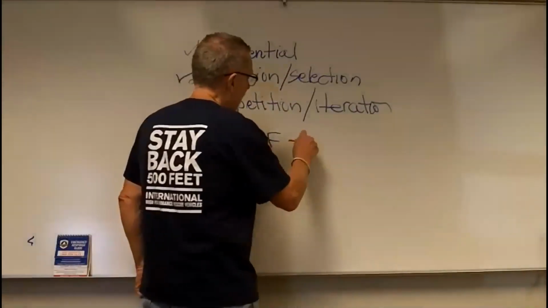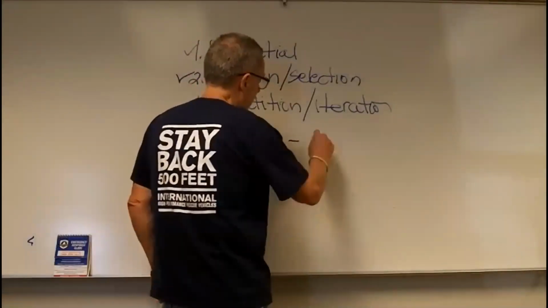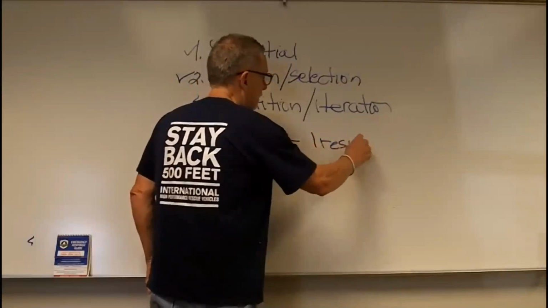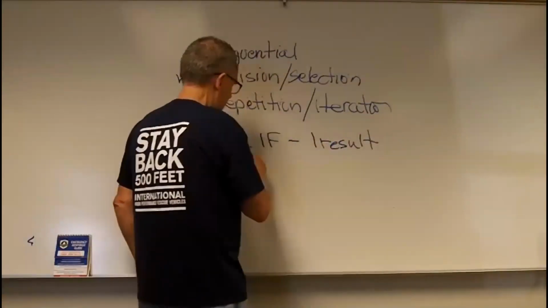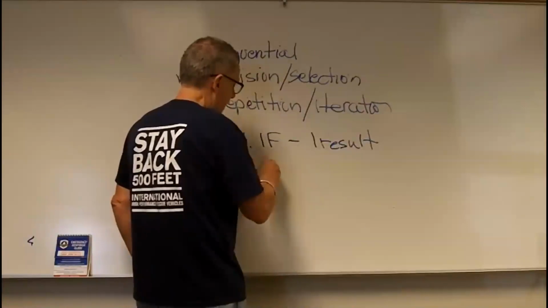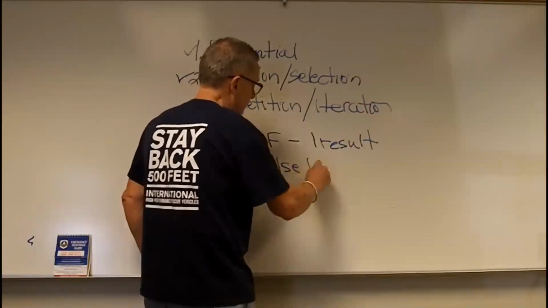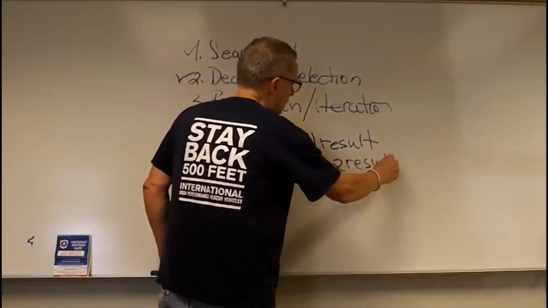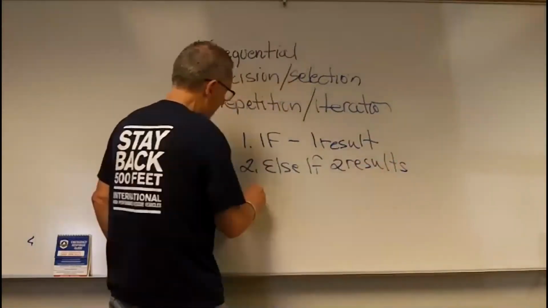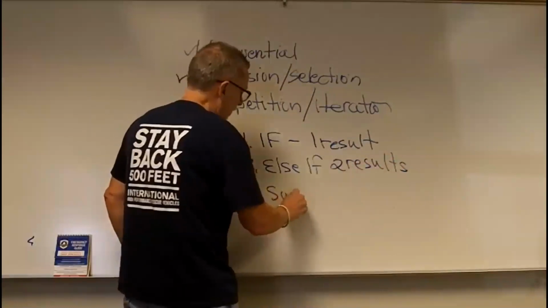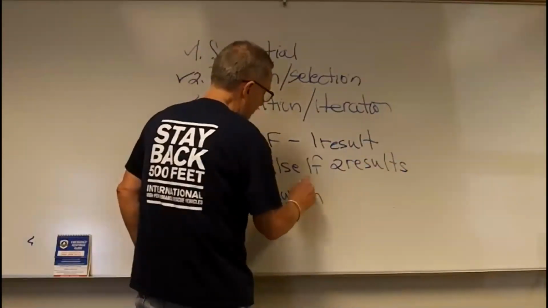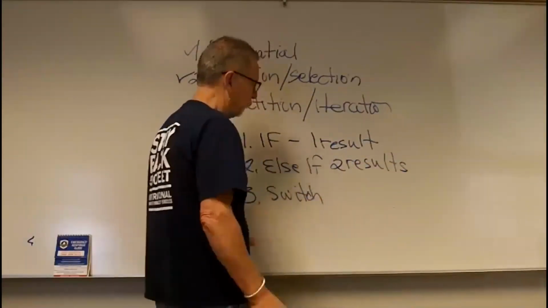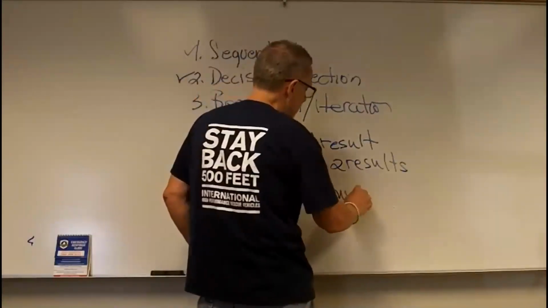The first one we're talking about is just a plain if statement. It has one result. An else if has two results. Then we have something called a switch or case structure that can have multiple results.